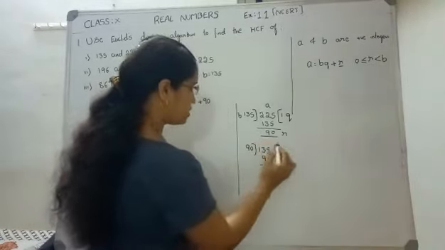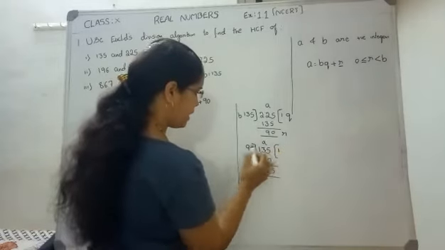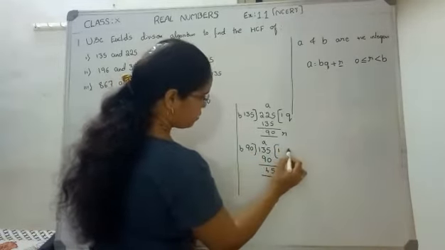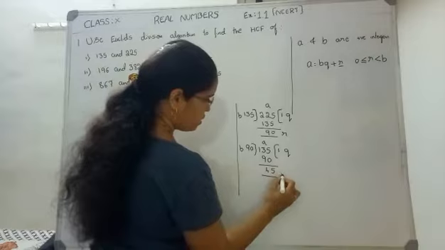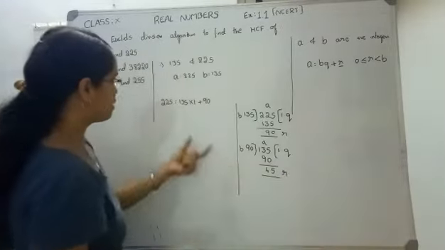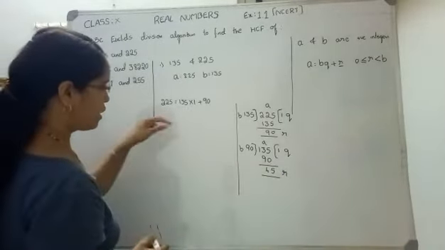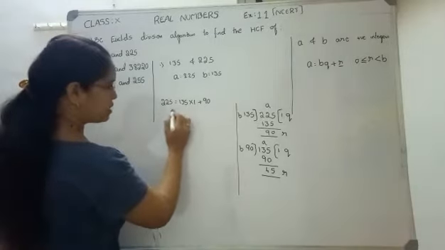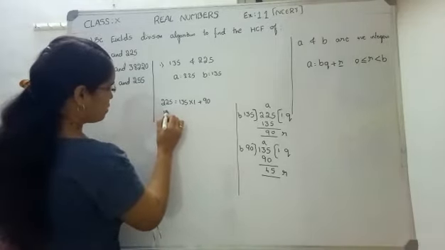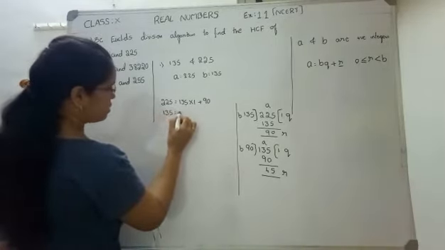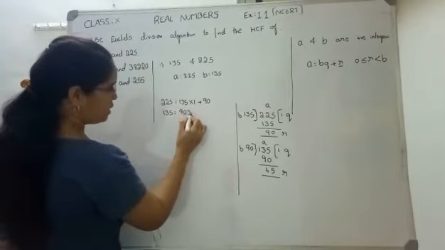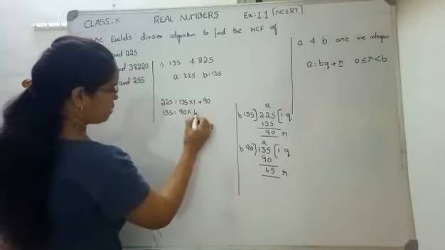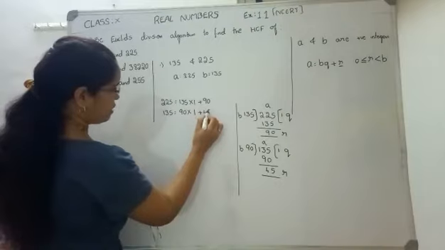See, in this case 135 is a, 90 is b, 1 is the quotient, 45 is the remainder. Now here we write it in the form a is equal to bq plus r: 135 is equal to 90 into quotient 1 plus remainder 45.